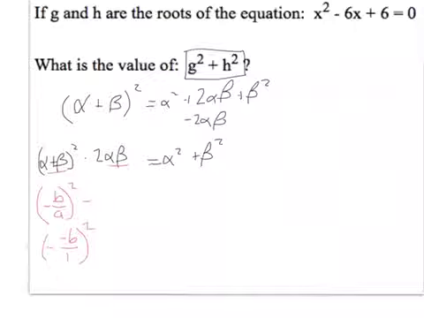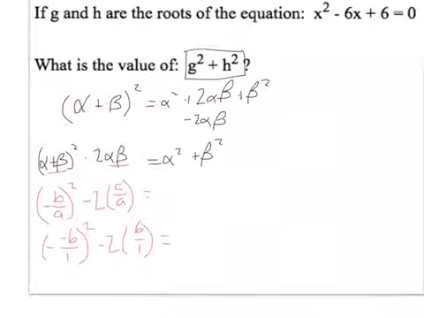Okay, and then I'm going to go minus 2 times the product of the roots, which we know is c over a. So minus 2 times, and c, of course, is 6, and a is 1. And so at that point, I should be able to go through and finish the problem.